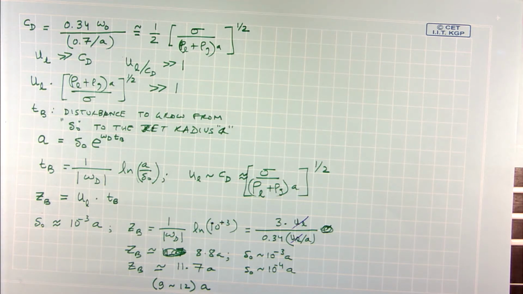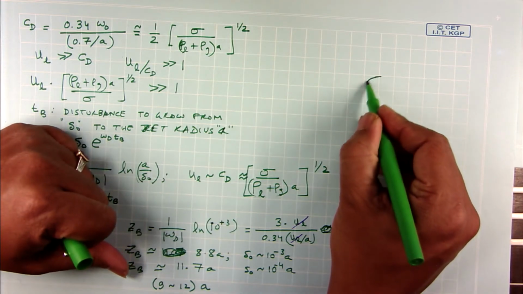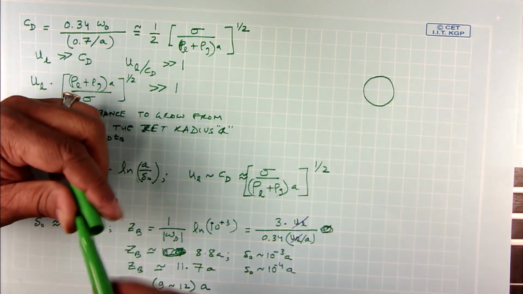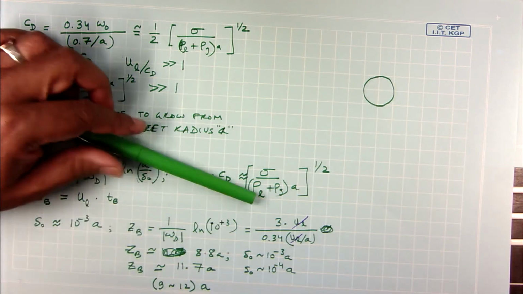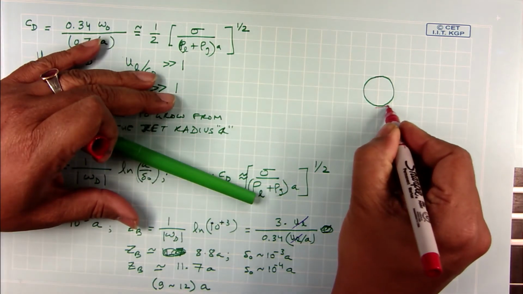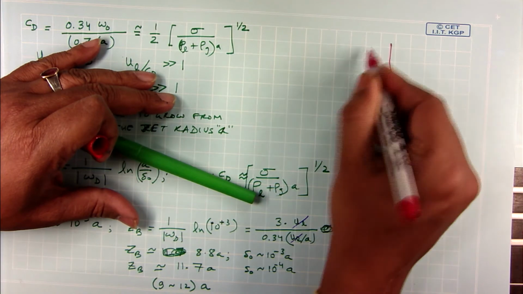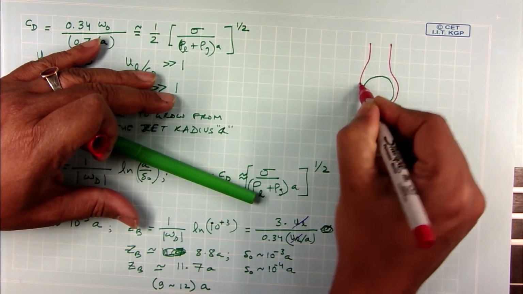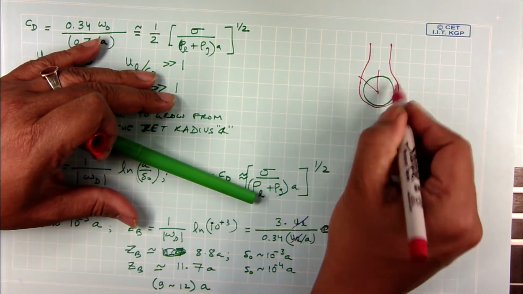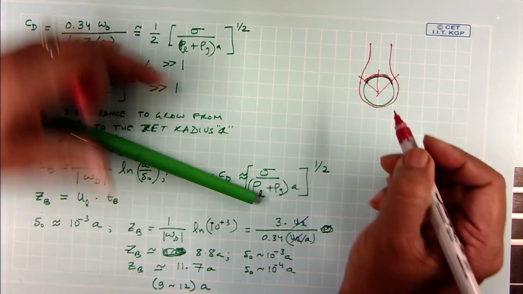For natural convection around a cylinder, the boundary layer that forms around a hot cylinder looks like this. And I said that the last 30% is virtually insulated. Remember we had this discussion yesterday.